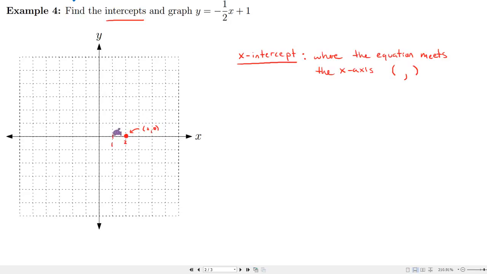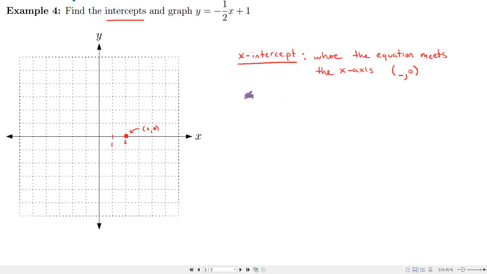And the coordinates for this point are 1, 0. So for all the points on the x-axis, the y coordinate is 0, but the x value is something. And that value right there is our x-intercept. Okay? So where the equation meets the x-axis, we can say x is equal to that value there.